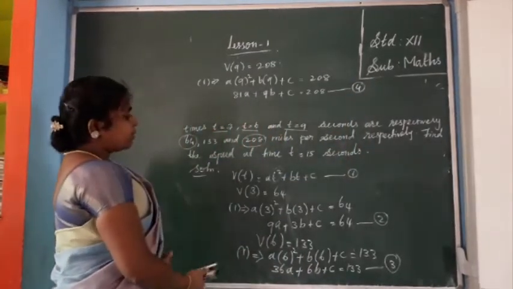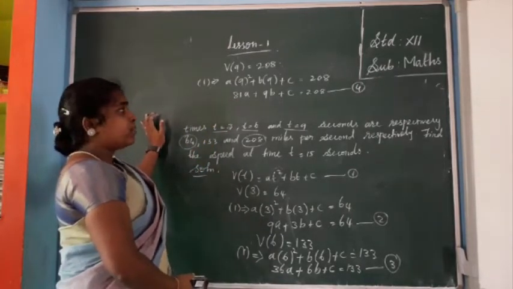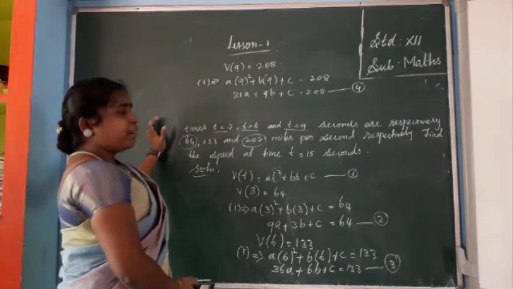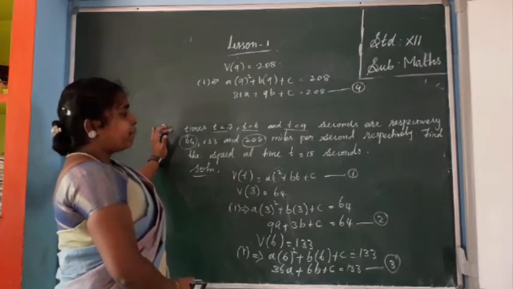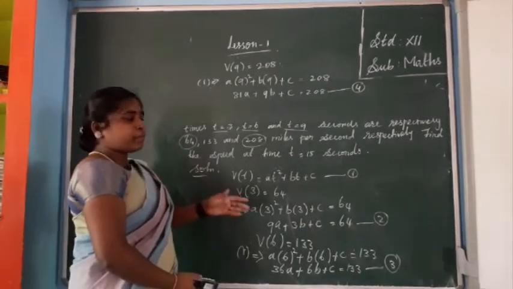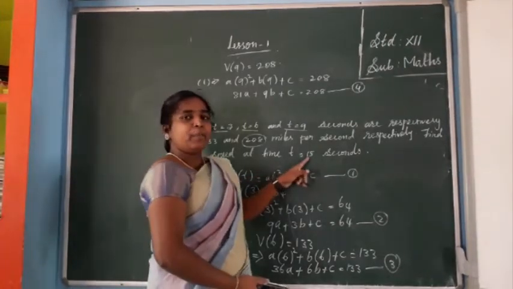Now you have to use these 3 equations and form the augmented matrix A bar B. After that you have to convert into row echelon form. Next you use back substitution and find the values of A, B, C. After getting A, B, C, you substitute A, B, C in the first equation. Then finally we need b of 15.